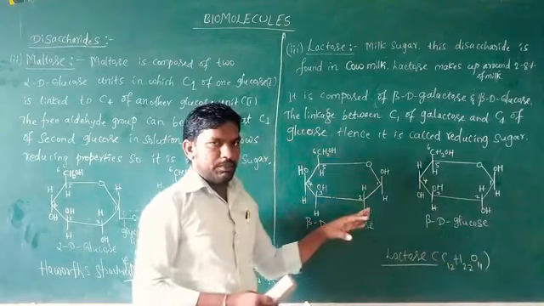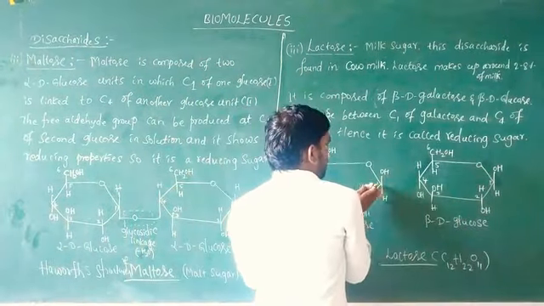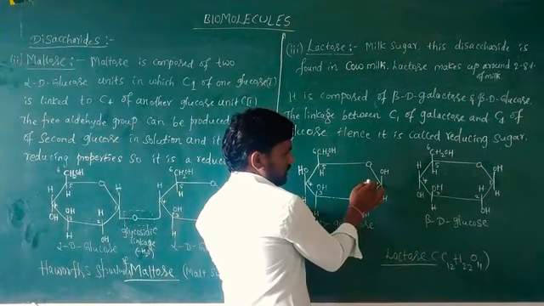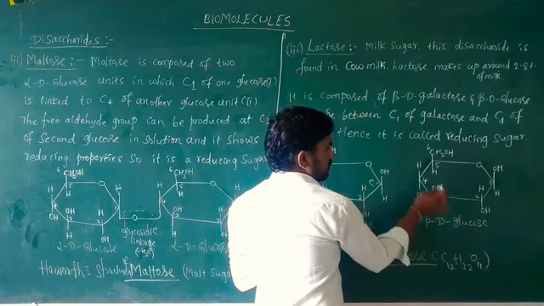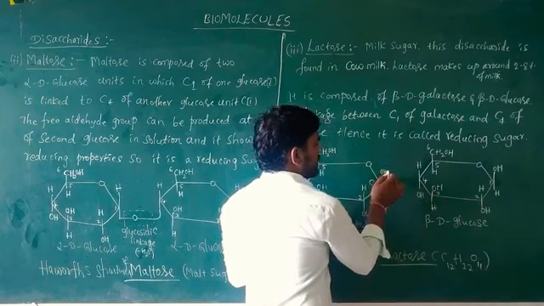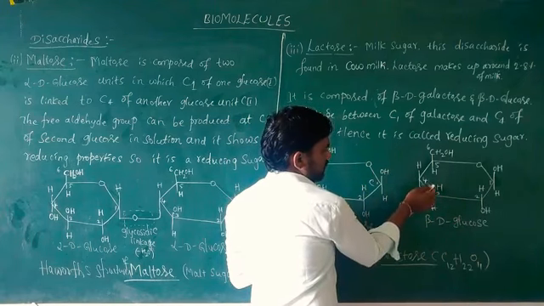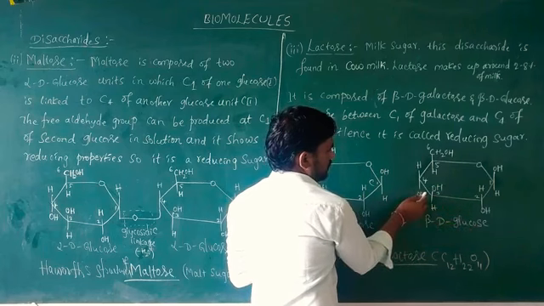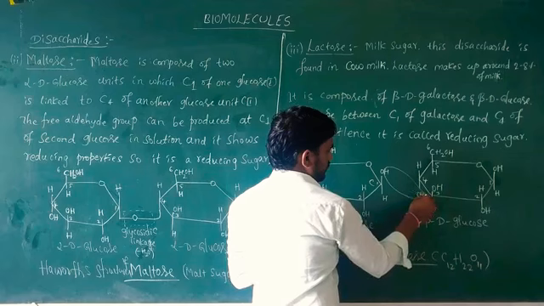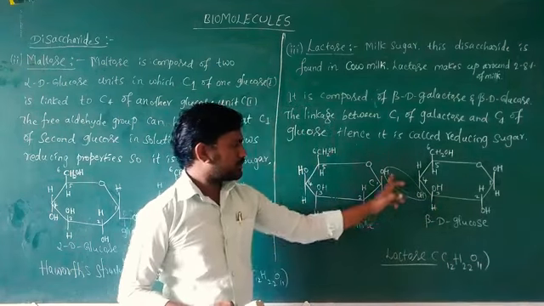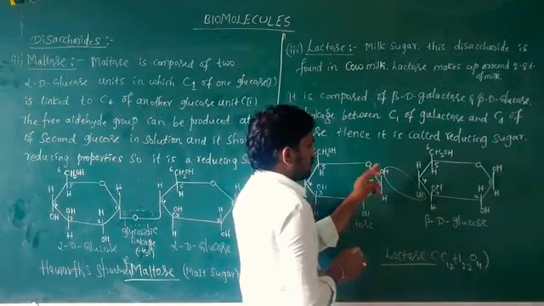They combine by loss of water at C1 of the galactose and C4 of the beta-D-glucose. The OH at C1 and the OH at the fourth carbon of beta-D-glucose are lost as water to form a glycosidic linkage, leaving only one oxygen atom.